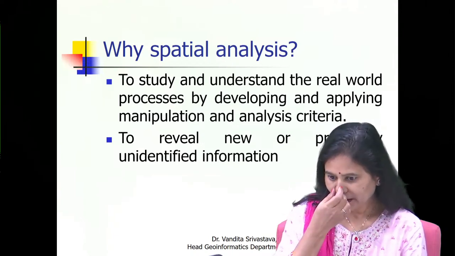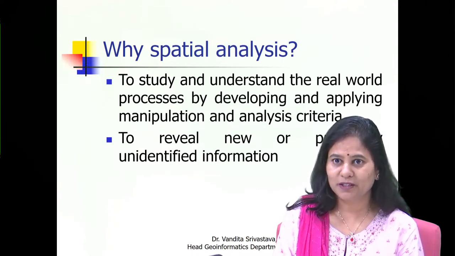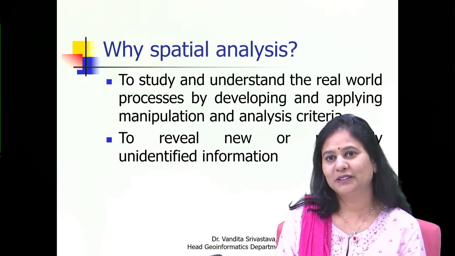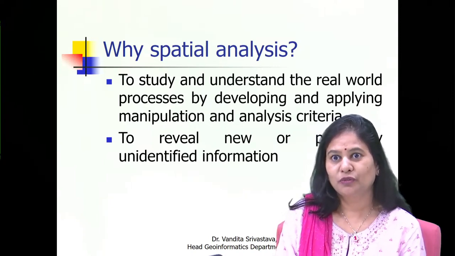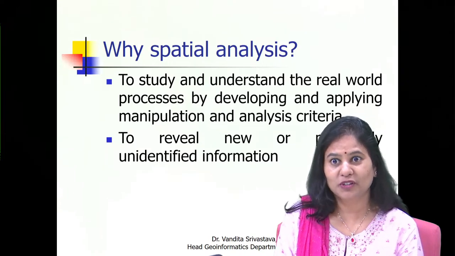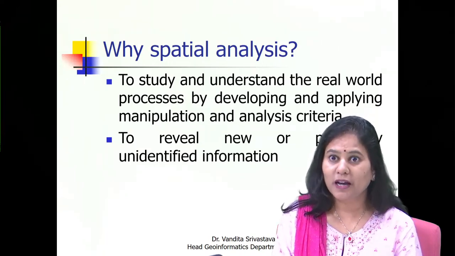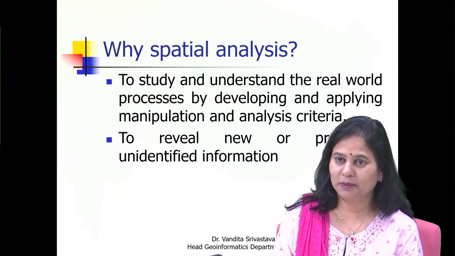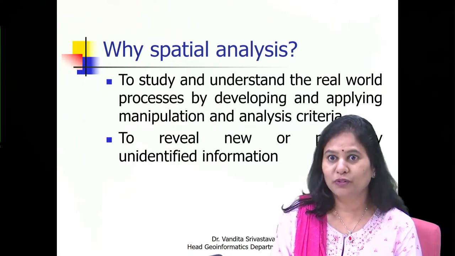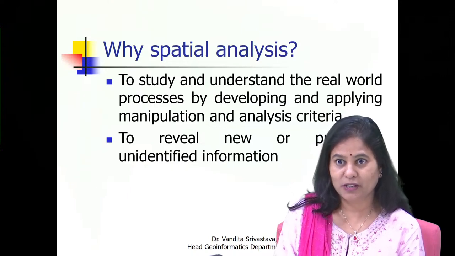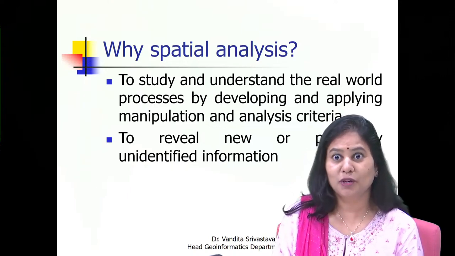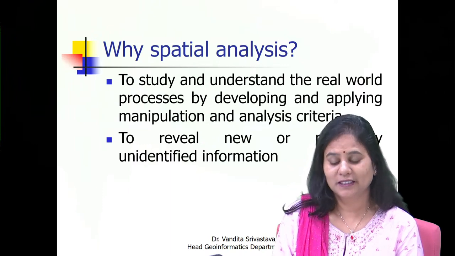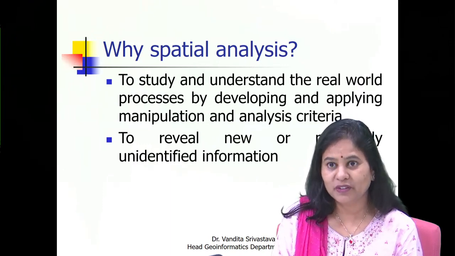For example, soil erosion is taking place, floods are occurring, biodiversity is changing, afforestation or deforestation is happening. How much afforestation or deforestation has happened as an outcome of various anthropogenic activities, or as an outcome of efforts put towards planting trees?